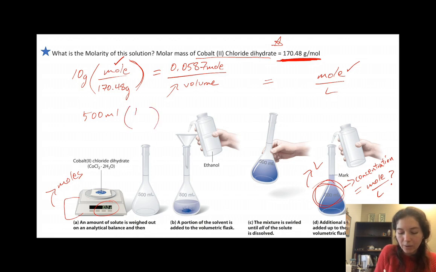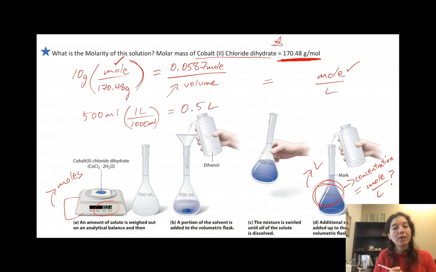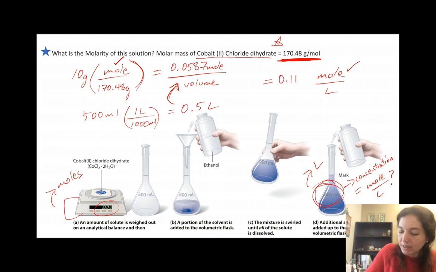Every 1 liter is 1,000 milliliters. So 0.5 liters is what we end up with. We can simply plug that volume in here and find out our concentration. So 0.0587 divided by 0.5 is going to give us 0.117 as our concentration. So this solution right here, that is the concentration on it.